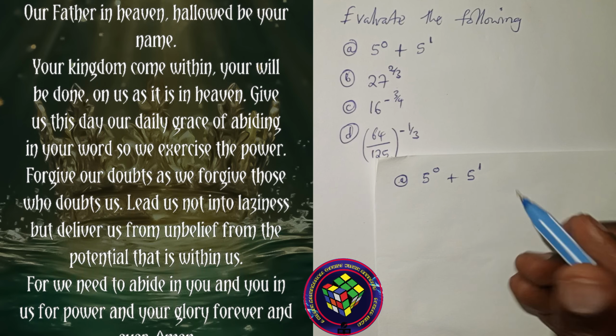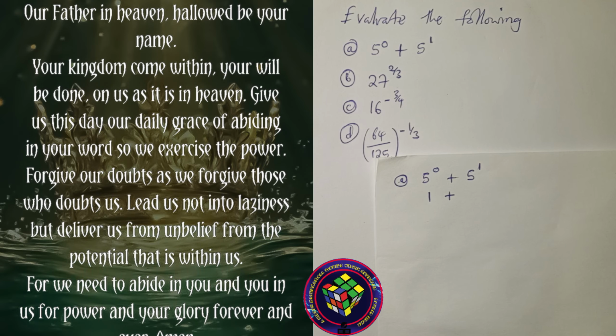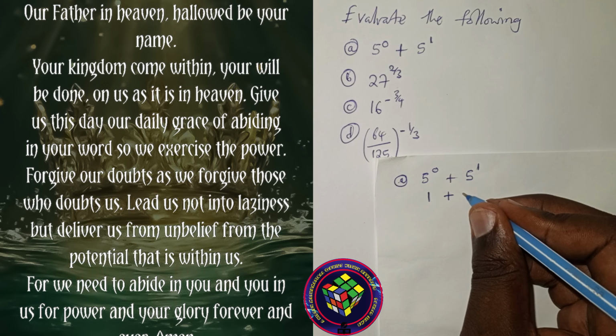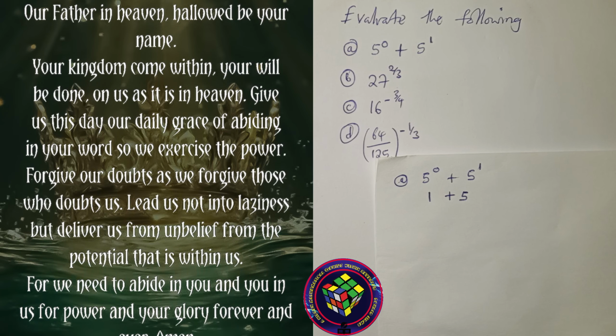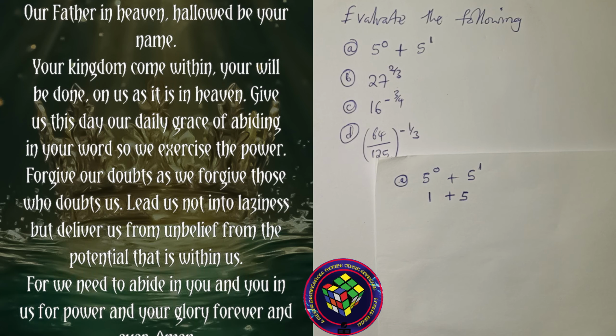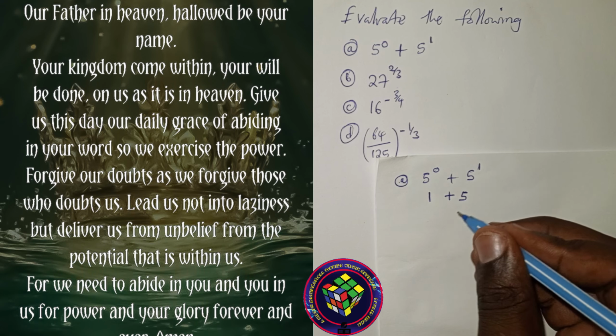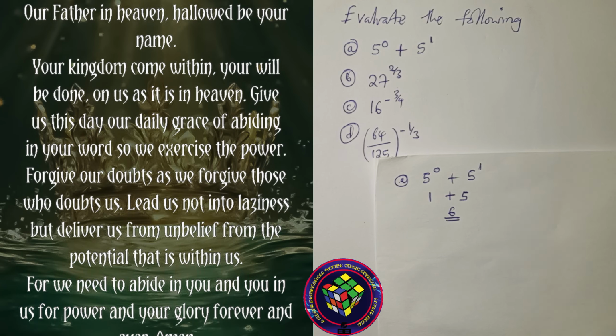So 5 to the power 0 is 1, plus 5 to the power 1. This is just 5, because any whole number has an invisible power of 1. So 5 to the power 0 is 1, and 5 to the power 1 is just 5, and 1 plus 5 is 6. Okay, that is A. We go to B.